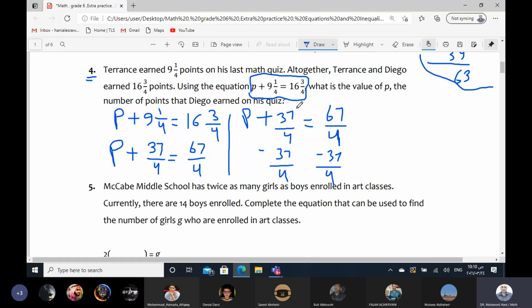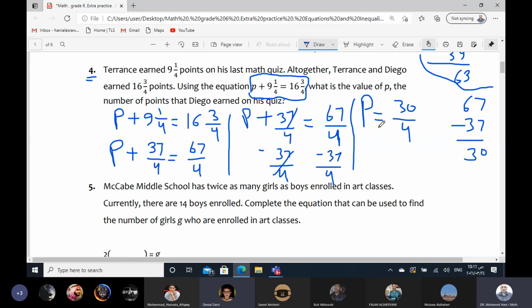Now 37 over 4 minus 37 over 4 equals 0. Remains here P equals. We have now 67 minus 37. 67 minus 37 will be 30. So the answer will be 30 over 4. Great.